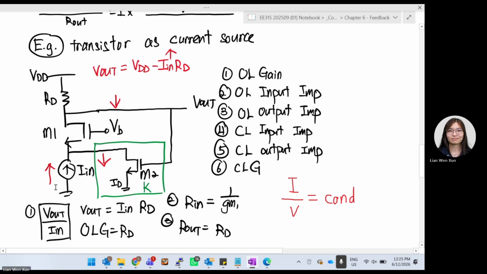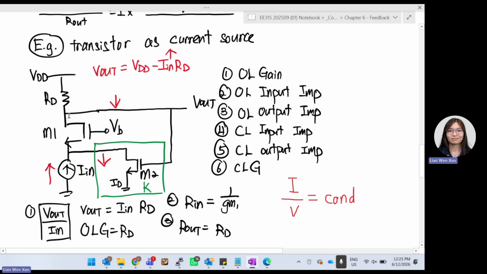Okay, in this case, can we say that just now we already modeled this is the only resistor. So if you want to go through the small signal model, we can. But if you want to find out V out over I in, basically V over I is just an R. It's just a resistor. So we can just say that V out is basically equal to I in, because this I in is ID, right?